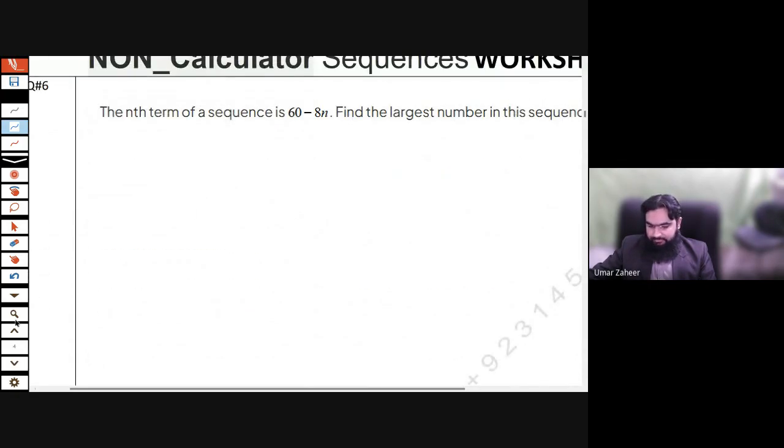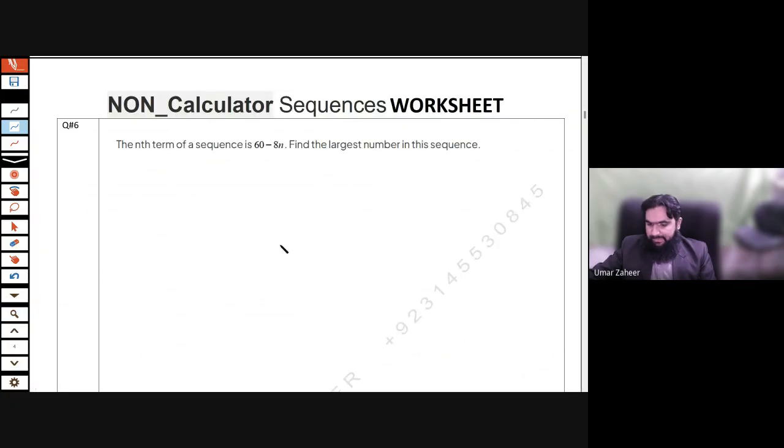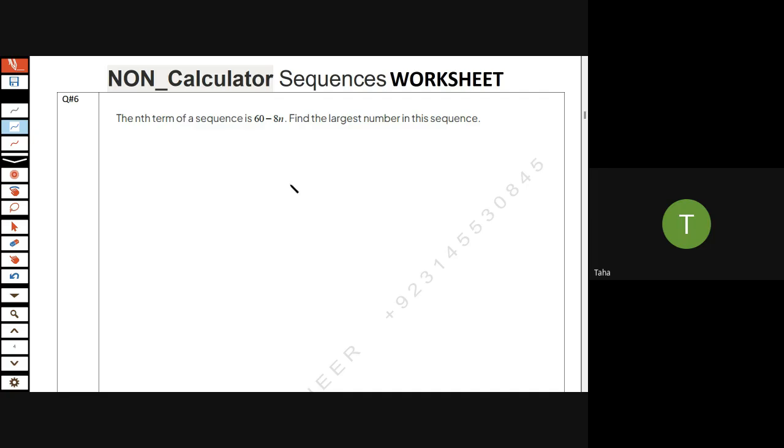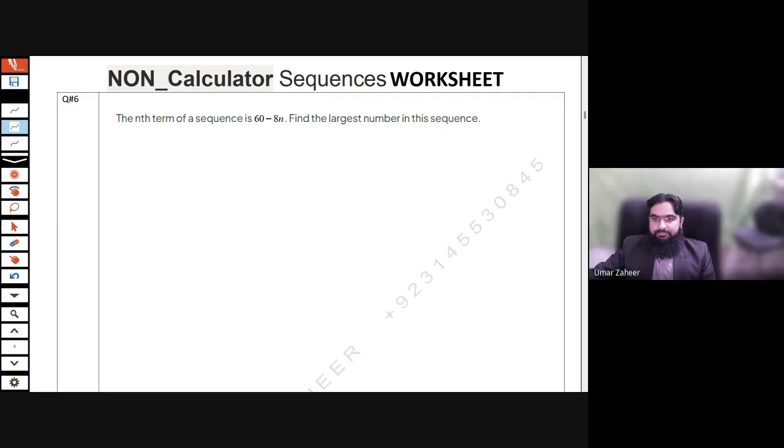Yes, Taha, tell me about the next one. The nth term of a sequence is 60 minus 8n. Find the largest number in this sequence. Sir, I don't get it.